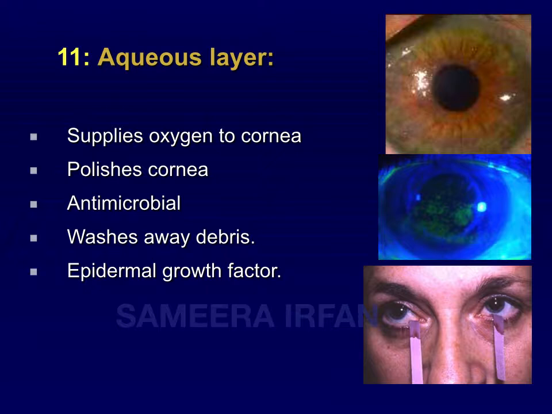The aqueous layer polishes the cornea, and it contains immunoglobulins, enzymes, cytokines that have an antimicrobial property. Excess of tears wash away any debris that lands on the ocular surface, and the aqueous layer has the important epidermal growth factors that help in the replacement of corneal epithelial cells if they are damaged.